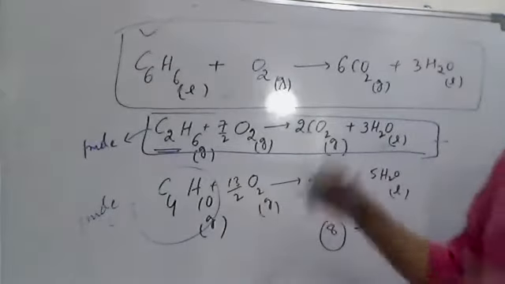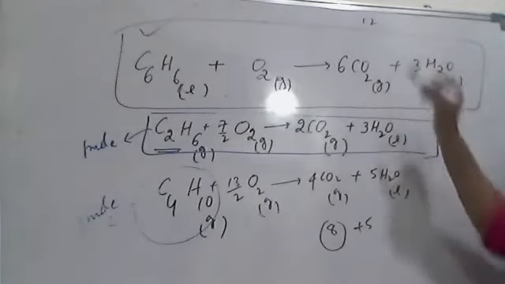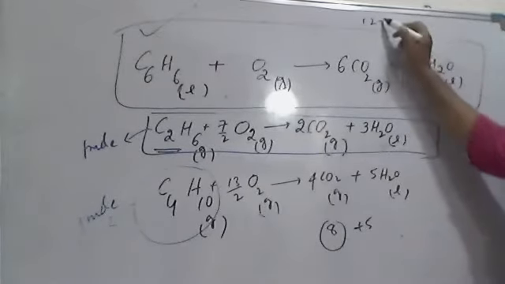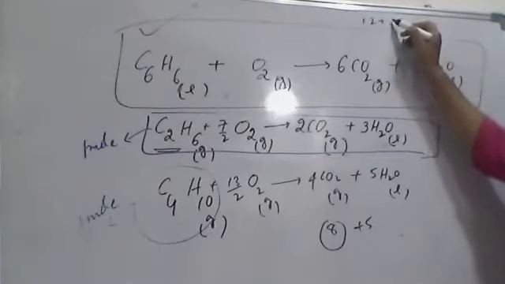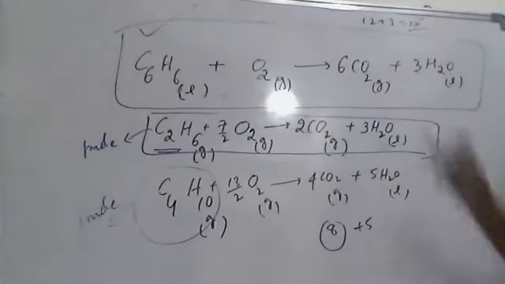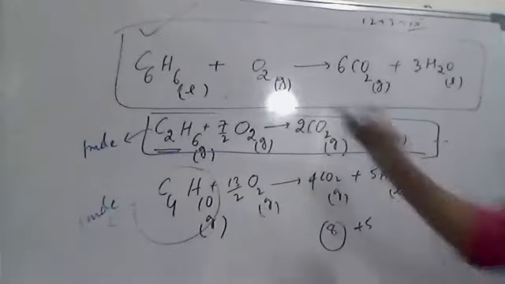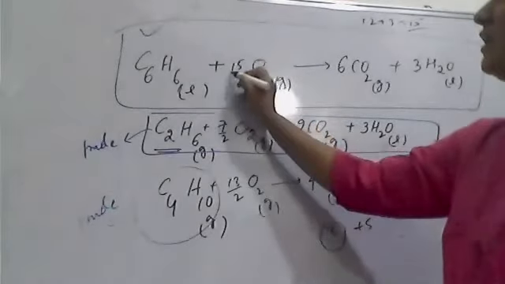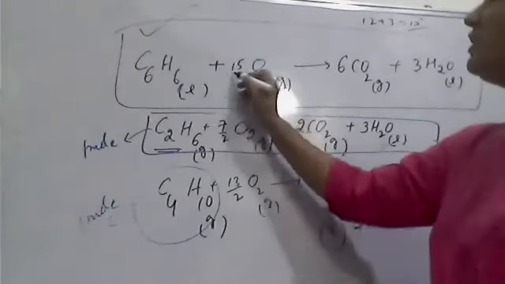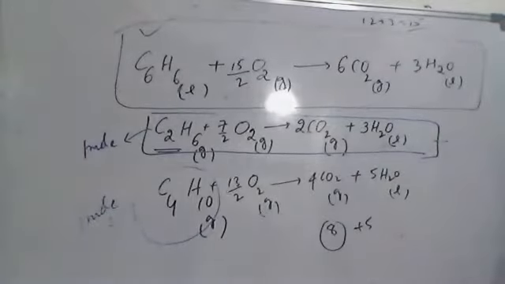Now count how many oxygens are required. 6 twos are 12, then 3 here. That is 12 plus 3, which is 15. So if I write 15, how many oxygens will there be? 15 twos are 30, so therefore 15 by 2 O2 molecules.